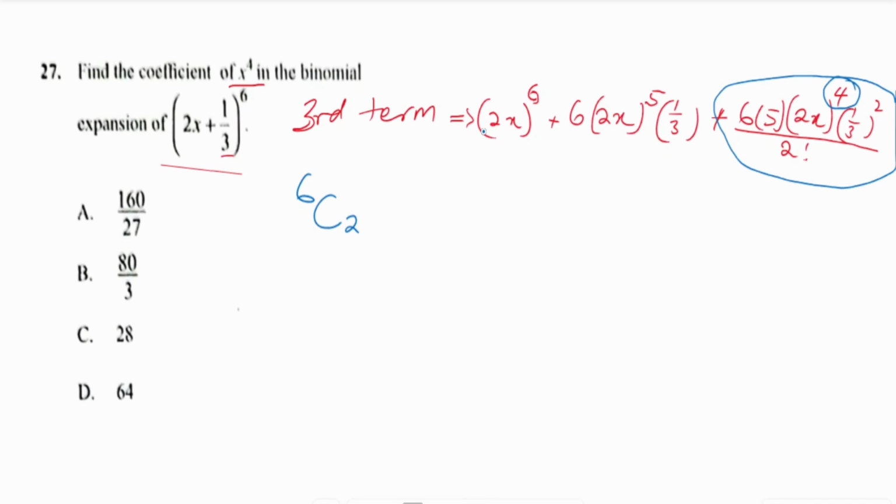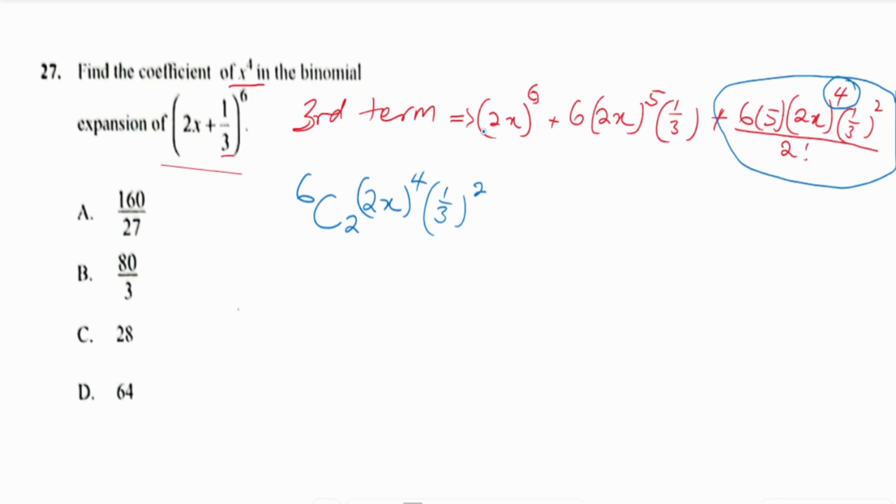Then for the third term, we have the first term of the binomial, 2x exponent 6 minus 2, which is 4. Then the second term, 1 over 3 exponent r, which is 2.